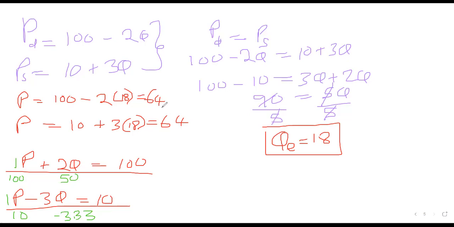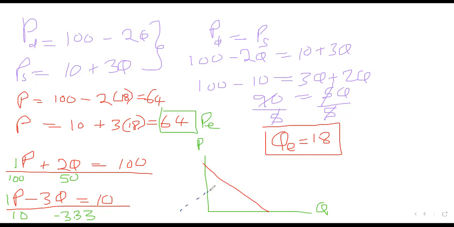So this is the equilibrium price. So we're going to sketch this. Our demand function was cutting at what point? 100, 50. Our supply function is cutting where? -3.33 and 10.